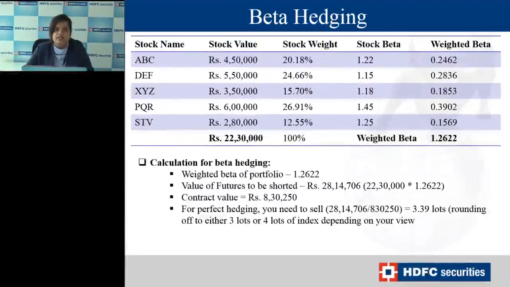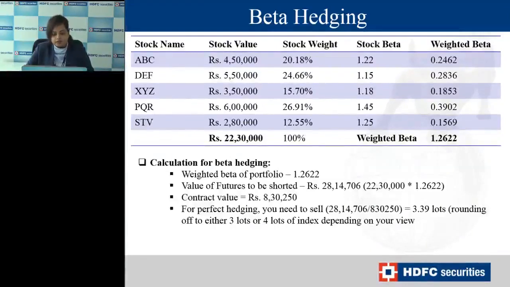But obviously this is the amount. We need to find out exactly how many lots we should sell in the index futures so that our portfolio remains hedged. Now the contract value over here is 8.3. So contract value is nothing but the multiplication of the current market price with the lot size. So if I say index futures has a lot size of 75, for example, and the current market price is 11,000 something, if you multiply 11,000 into 75, it comes out to be 8 lakh something.